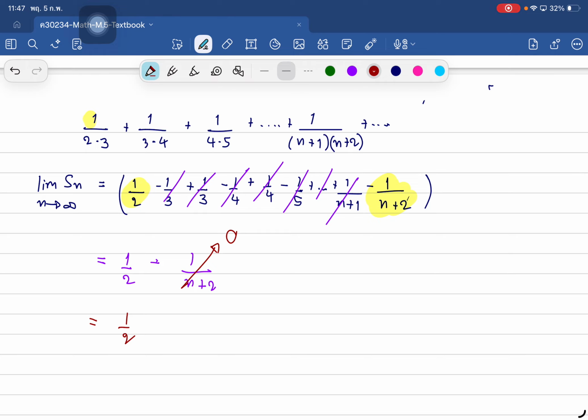But if we change the point to x equal to 1, you will see that the left limit, if you write out the full term, is the limit of f(x) as x approaches 1 from the left.